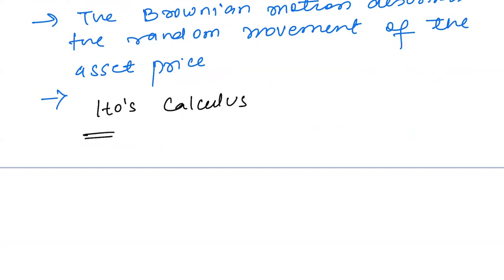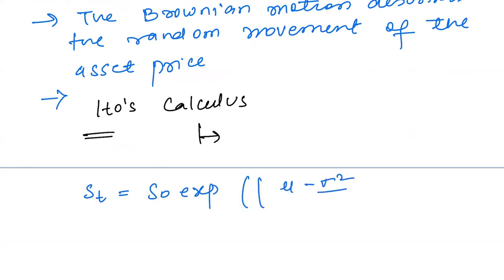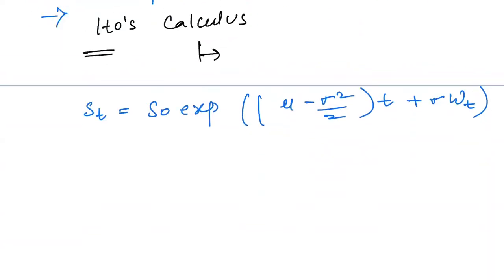So using Ito calculus, you will solve the above equation. When you solve it, you will get S_T is equal to S_0 exp((mu minus sigma squared by 2) times T plus sigma W_T). So this is what you will get when you solve this equation, right?